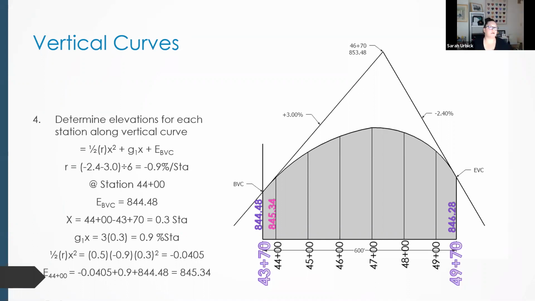So in order to find out our elevation at that point, we would simply plug that back into our formula. 1/2 R is still the same, X is 3.33, G1 is still 3%, our initial elevation is still the same. I'll run the numbers real quick.